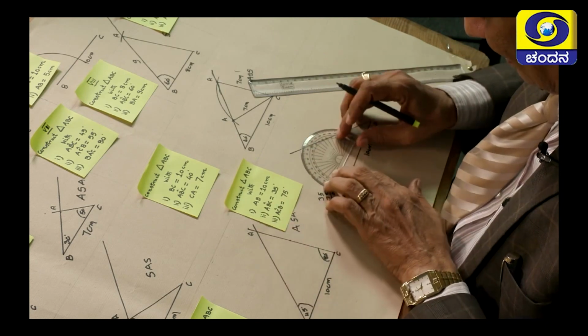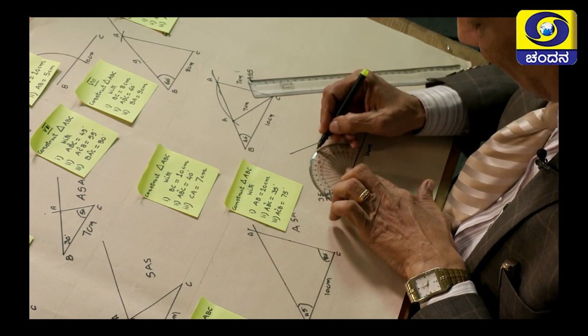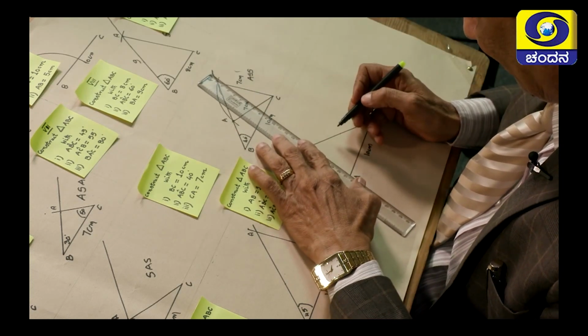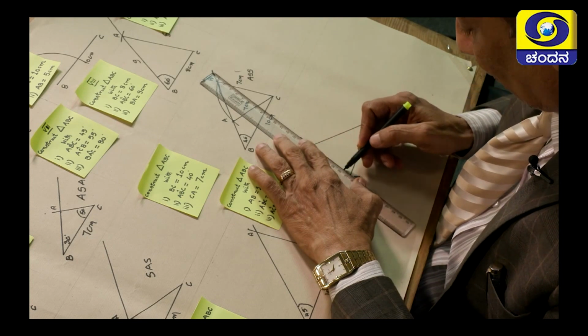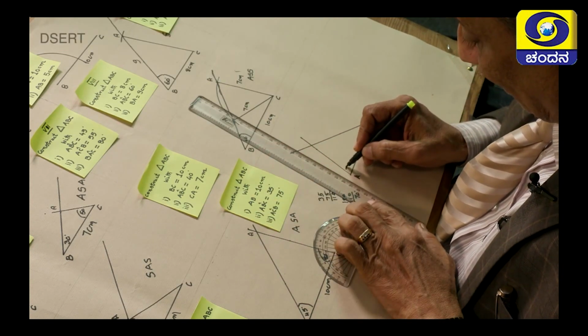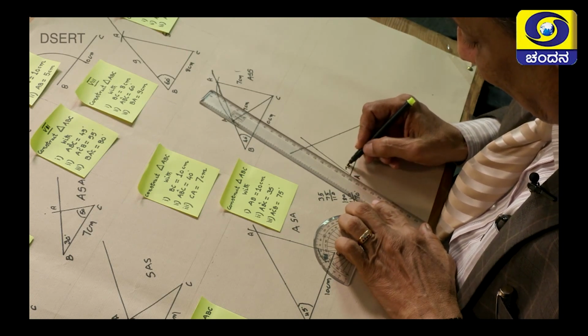Two angles and not the included side is given, then also it is possible for us to construct a triangle. So this angle is 70 degrees.